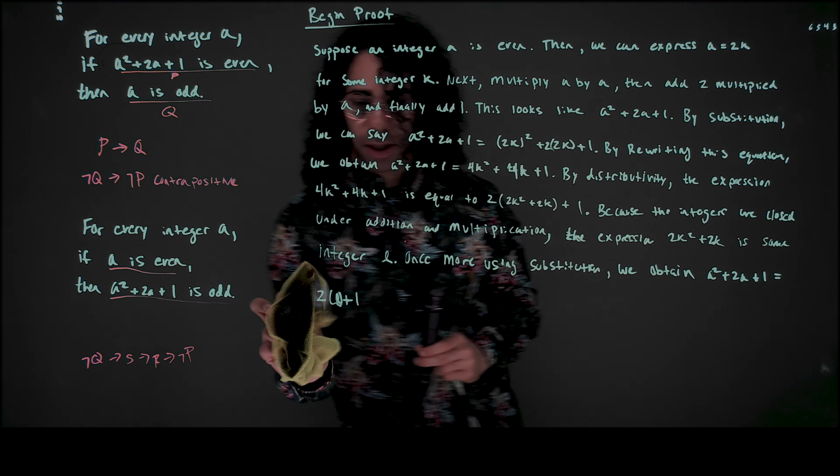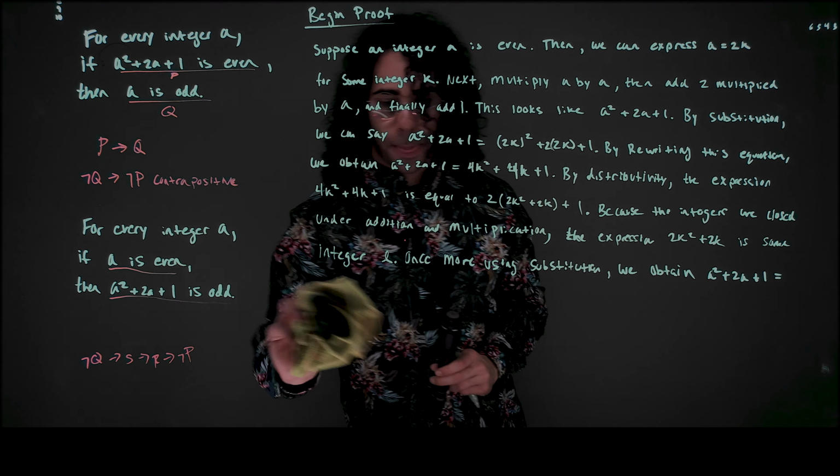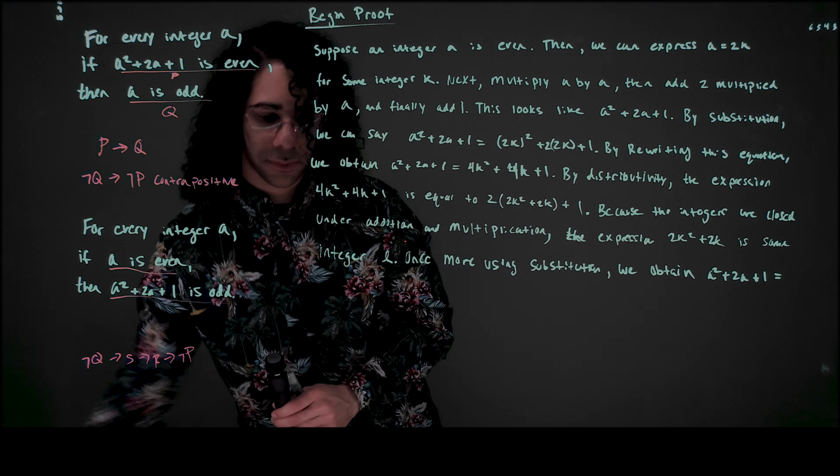I can erase that and make that look a little bit neater there. So I say 2 times L plus 1. This, if you know your definitions, is an odd integer.